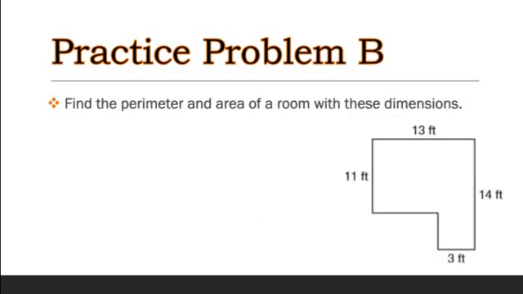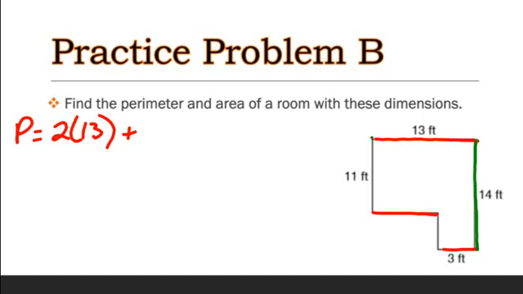And the last question, find the perimeter and area of a room with these dimensions. So the perimeter. So again, just like we did a little bit earlier, this whole side is 13. That means this part plus this part has to equal 13. So now I have two groups of 13 plus, I know this side is 14. 11 plus 3 here has to be 14.